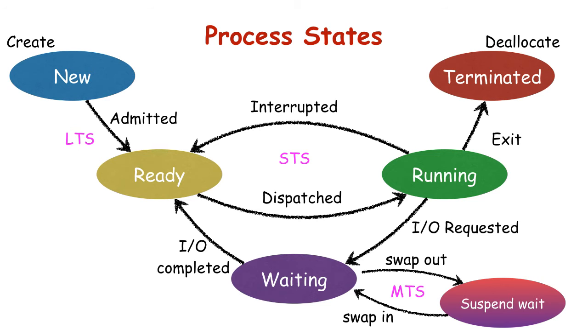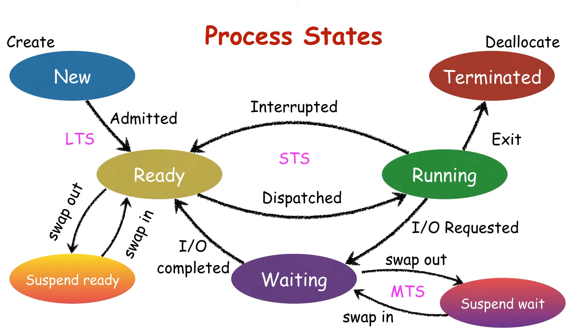A similar kind of situation can arise for the ready queue. So over there also we have a suspended ready state where the process would be swapped out by the medium-term scheduler if the queue is full and the process cannot be accommodated there. Usually the ready queue would not get filled up that much, but say a ready queue is filled and some higher priority process comes in.